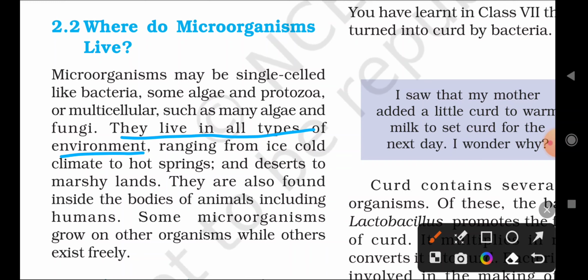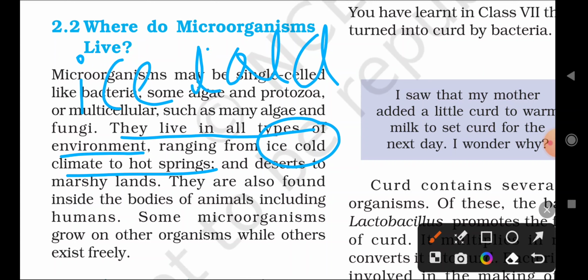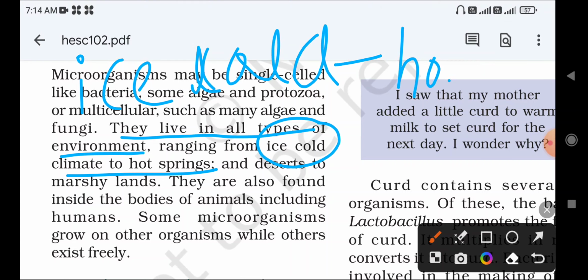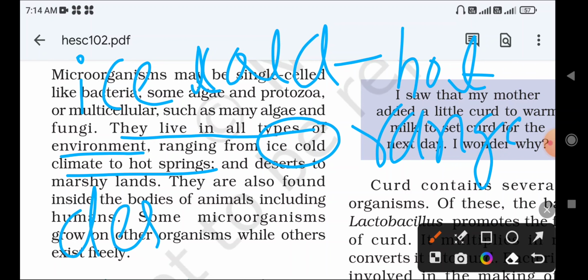Remember that their range is from ice cold to hot springs, from very cold temperature to very hot temperature. They also survive and reproduce rapidly from desert to marshy land.